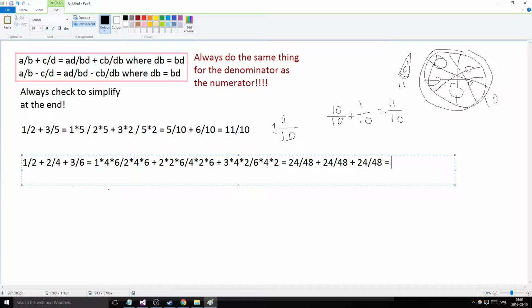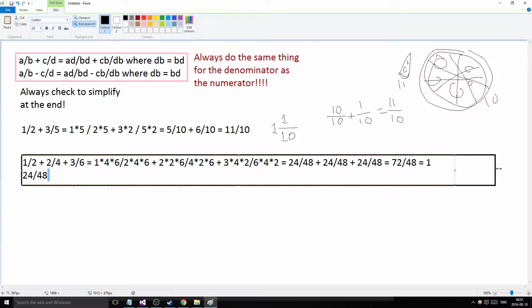Well, you just add these together, right? So what is that? 48 plus 24. That is 68, 70, 72, I think. Which gives us 72 through 48.